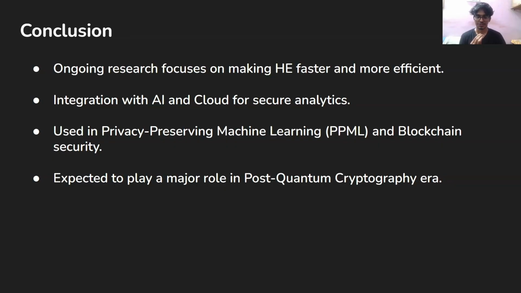Also, researchers are trying ways to integrate homomorphic encryption models with artificial intelligence and cloud-based services for secure analytics due to its end-to-end privacy policy. Homomorphic encryption is also used in privacy-preserving machine learning models and blockchain security. Finally, it is also expected to play a major role in the post-quantum cryptography era.